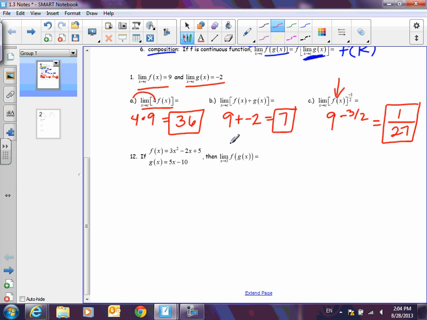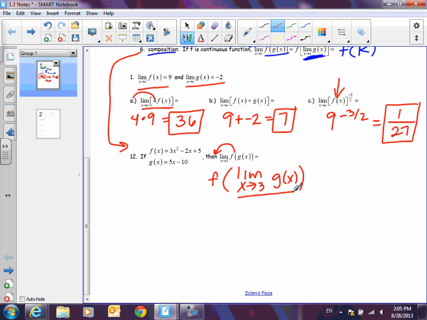All right, so let's use the number 6 property here. That means that the f of can go in front, and I can have f of the limit as x approaches 3 of g of x. Now, I don't know the limit as x approaches 3 of g of x, they don't give it to us, but this is really good review of what 1.2 is over, what we went over yesterday.